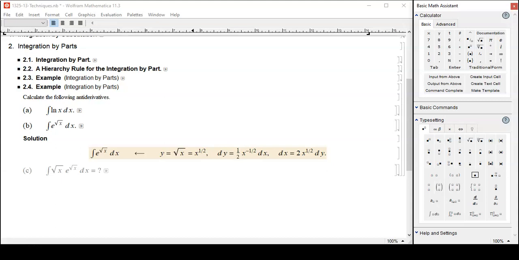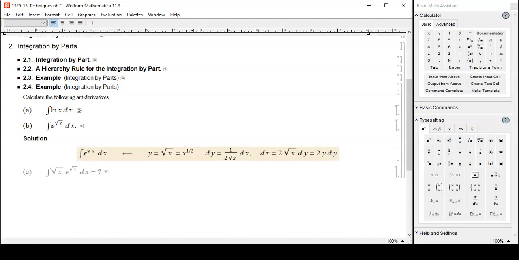I'd much rather write x to the negative 1/2 power as 1 over square root of x, and x to the 1/2 power as just square root of x. And then square root of x is y, so dx is 2y dy.